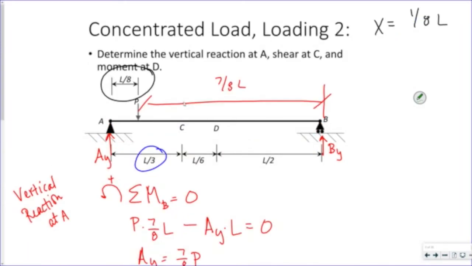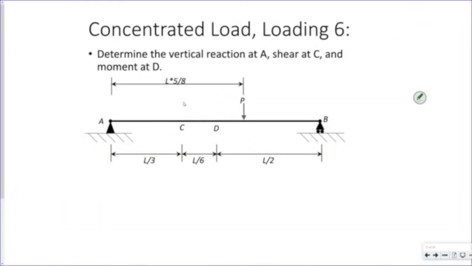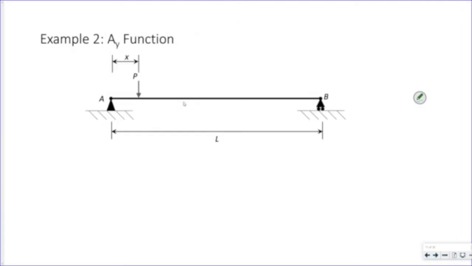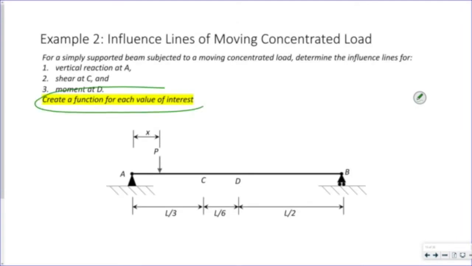we're going to go down to example number 2, is make a function, right? We're going to figure out the same reactions, and now, or shear and moment, and now we're going to make it a function instead of a table.